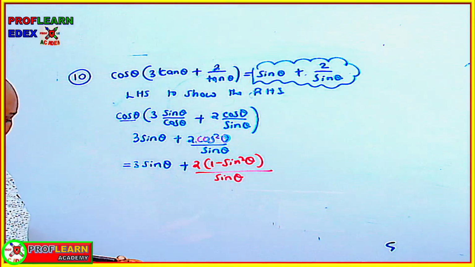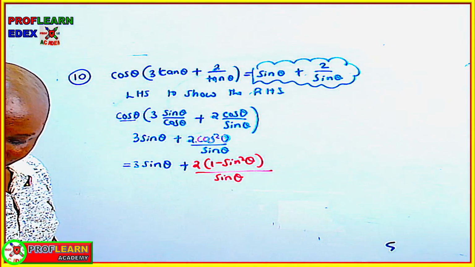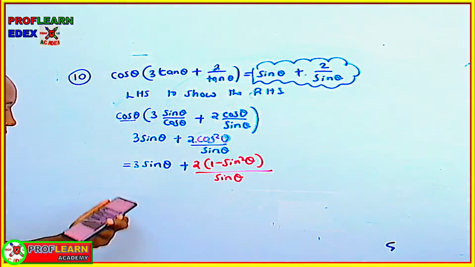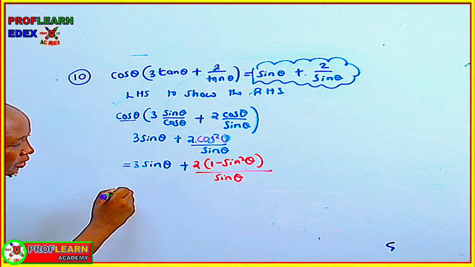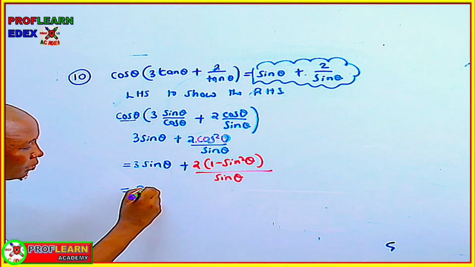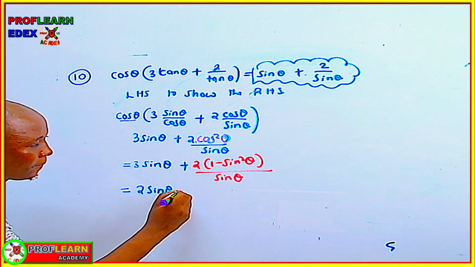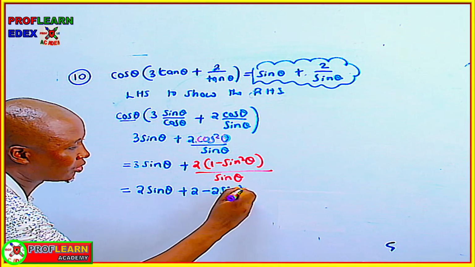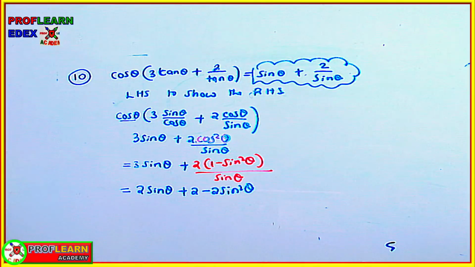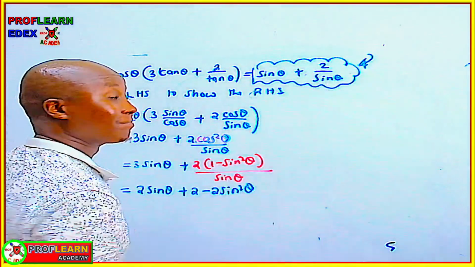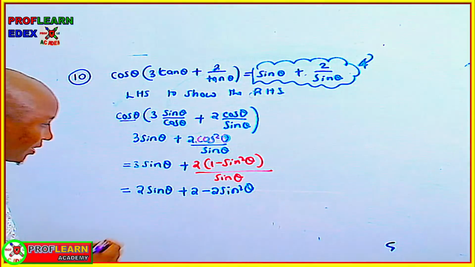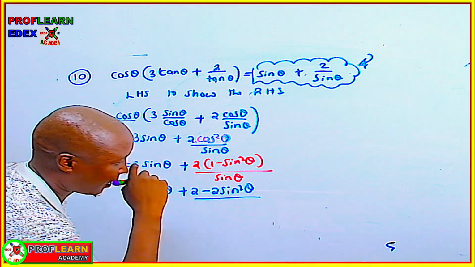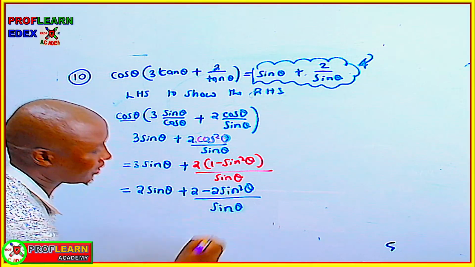So this is basically 2 into 1 minus sine squared theta over sine theta, isn't it? As we proceed with this expression, we are going to have 2 sine theta plus 2 minus 2 sine squared theta. Is it going to become that? Let's see whether it will. And then we shall have sine theta here.